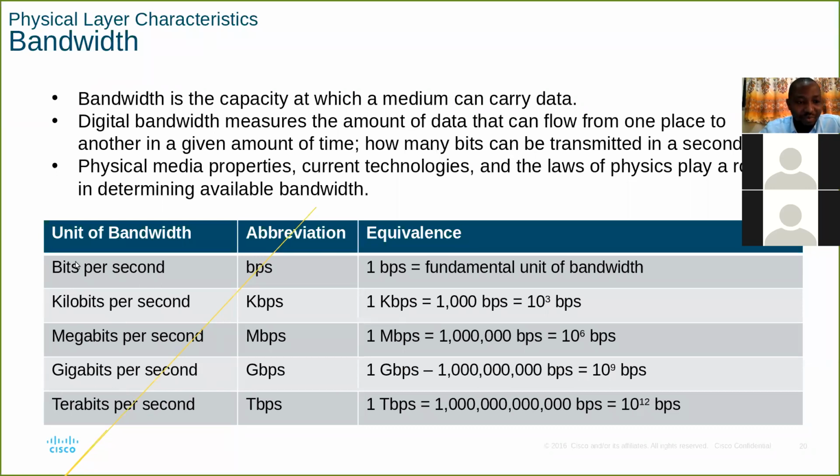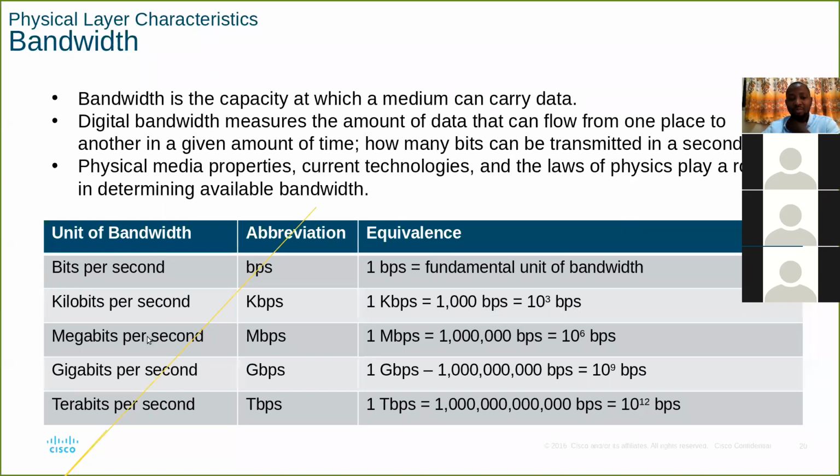So we have measures for bandwidth. The unit of bandwidth is bits per second. So the fundamental unit is 1 bit per second. Then from bits per second, you go to kilobits per second. 1 kilobit per second is equal to 1,000 bits per second, 10 raised to the power 3 bits per second.